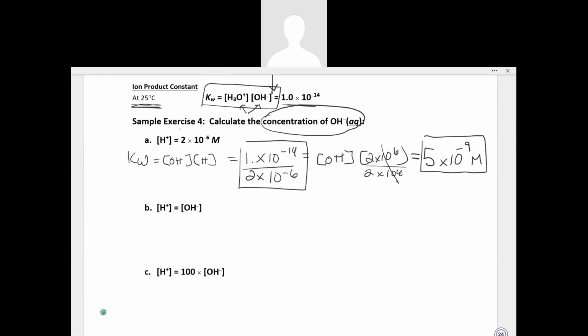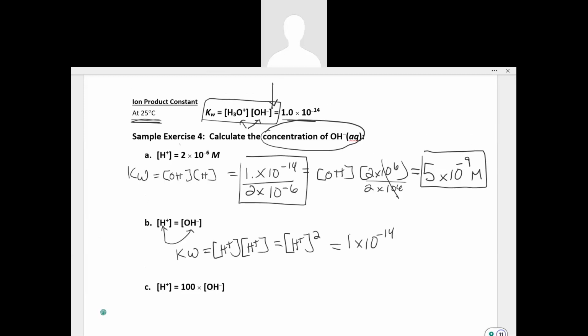All right, so we're going to do a similar thing here using the Kw expression to solve for part B. So in this case, this equals this. So if we were to plug in, Kw is this times this, right? That's the same as saying this squared, right? And we know that that's equal to 1 times 10 to the negative 14th.